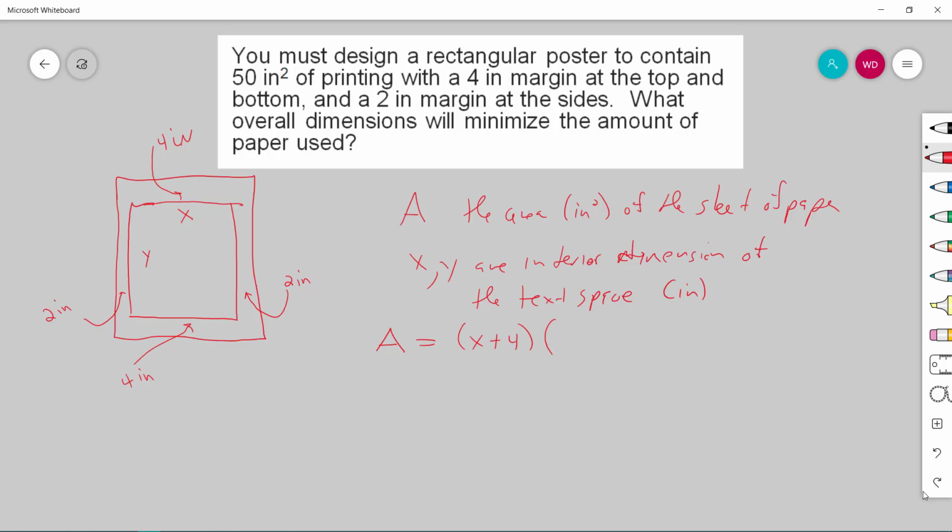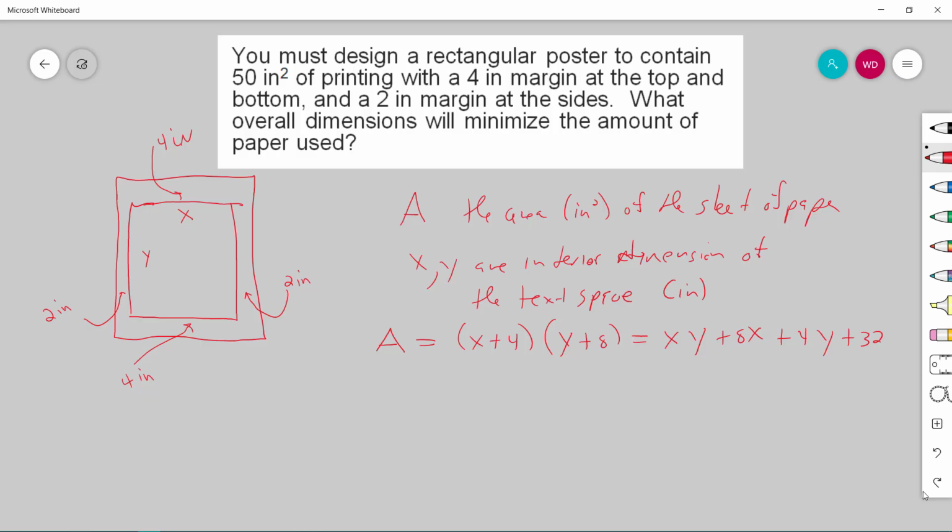And the other one would then be y plus 8, using the same idea, just adding from this edge to that edge. So you'd have 4 and 4 and y. So the area then is x times y plus 8x plus 4y plus 32.